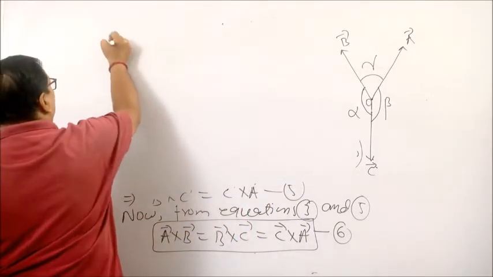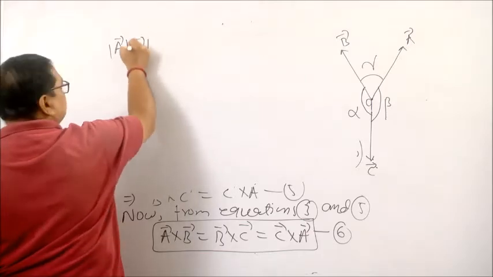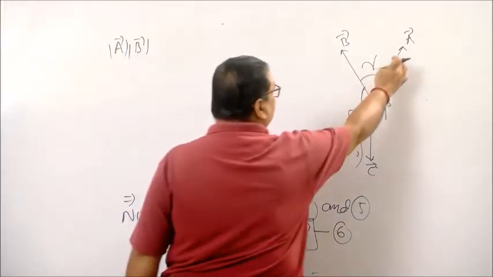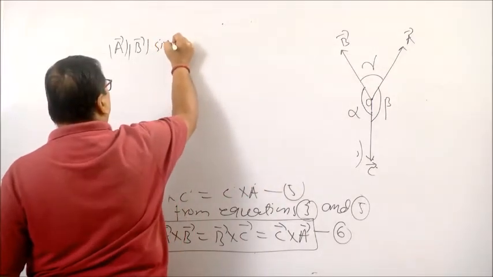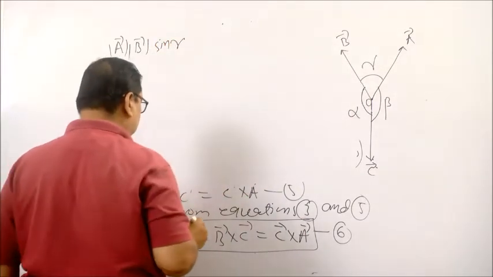Now, you see A cross B, we have to find out the value of A cross B. This is modulus A, modulus B. Angle between vector A and B is gamma. So, this is sin gamma.